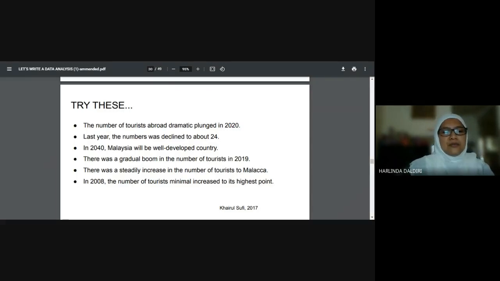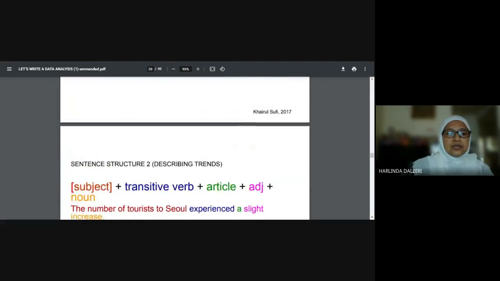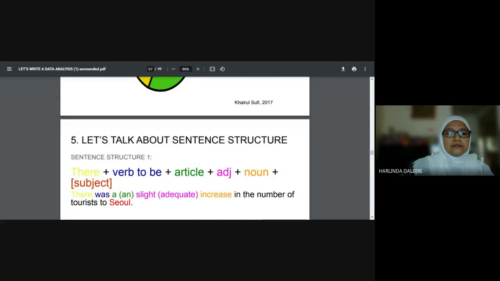There was a gradual boom in the number of tourists in 2019. Is there anything wrong with this? No, you're right. If you look at the structure, this is similar to structure number 1: there was a something, slight, adequate.